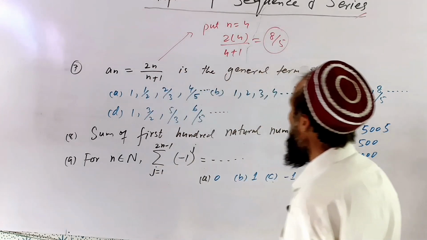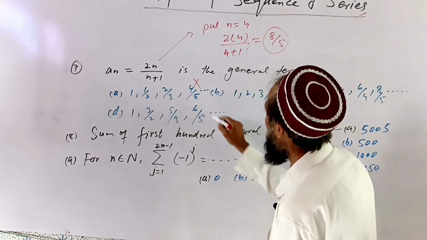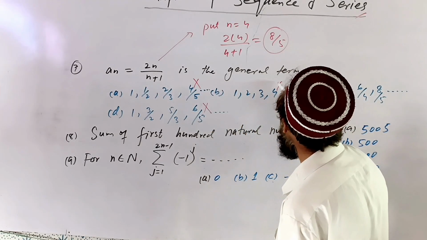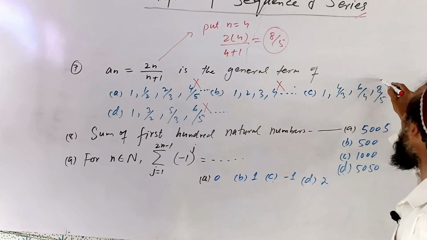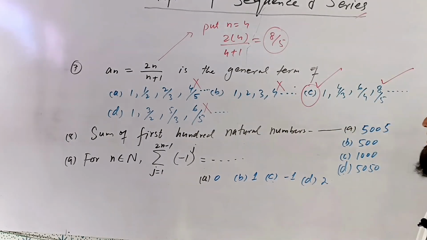So look here, the last term: if 4 by 5, that is not correct, and 6 by 4, that is not correct, and automatically the correct answer is C.